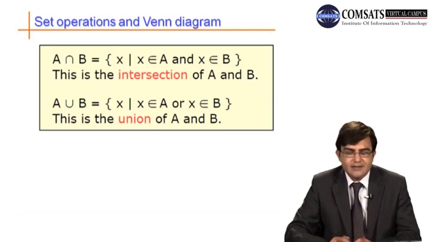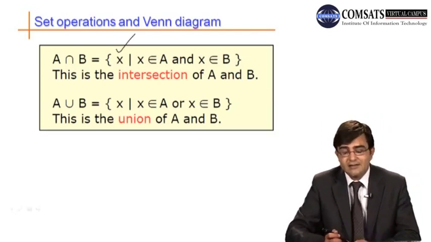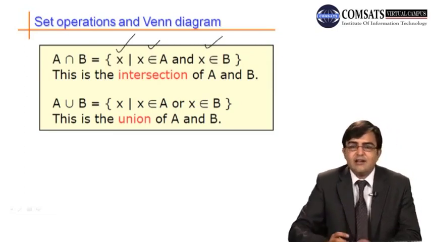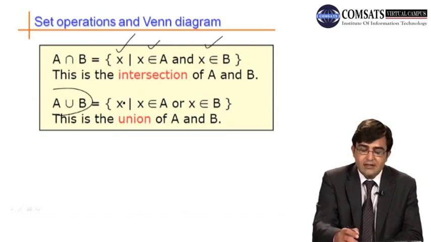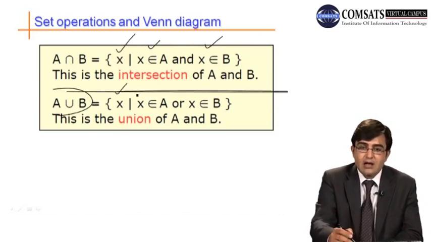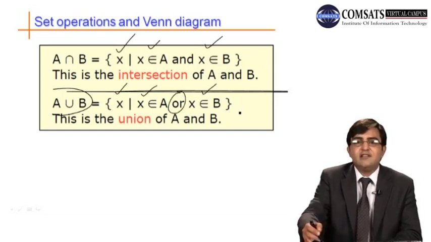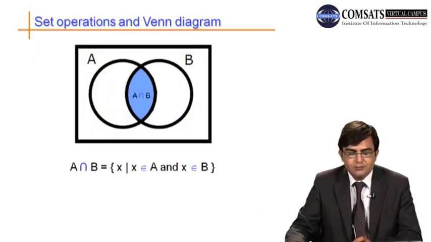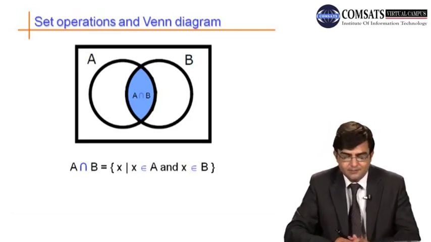As we know, the intersection of two sets A and B contains those elements of X which are in A and also in B. The union, A or B, contains those elements which are either in A or in B. This is basically the conjunction, this is disjunction, as in logic.